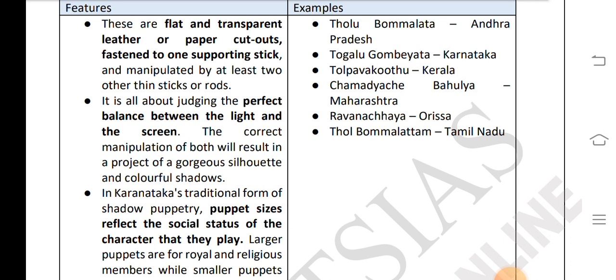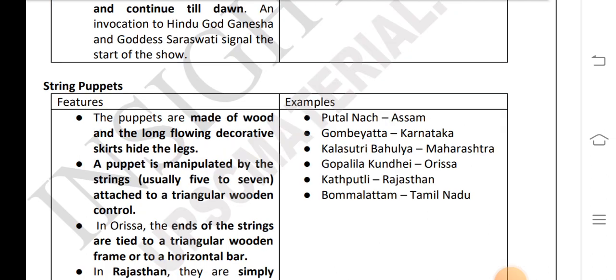It is all about judging the perfect balance between the lights and the screen and the correct manipulation of both, resulting in the projection of gorgeous silhouettes and colorful shadows. In Karnataka's traditional form of shadow puppetry, puppet size reflected the social status of the characters that they play.